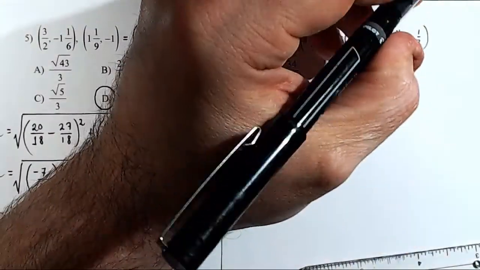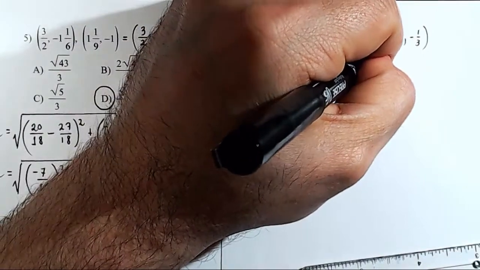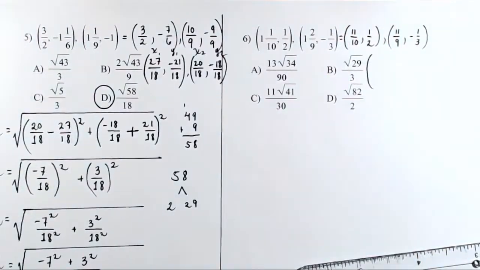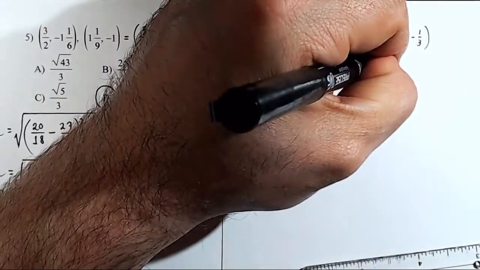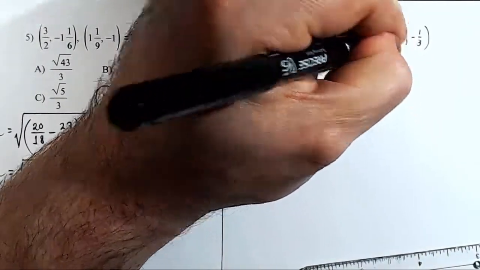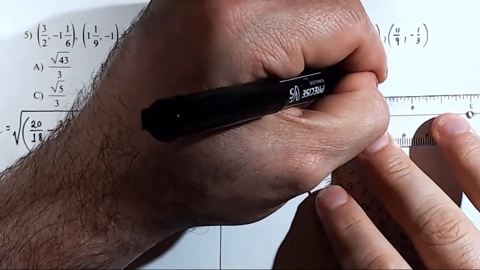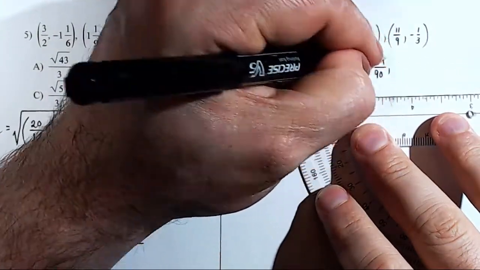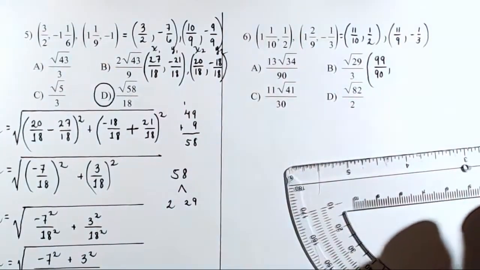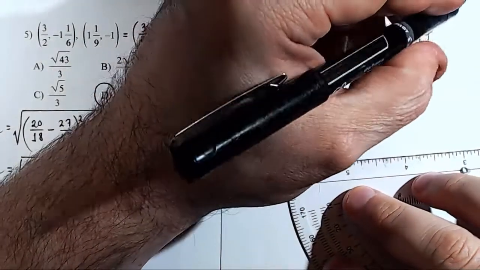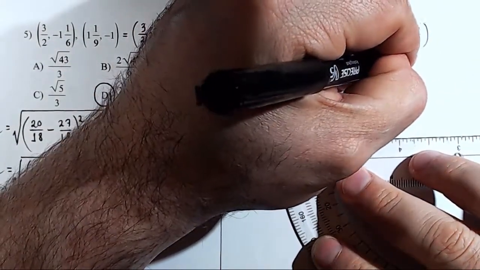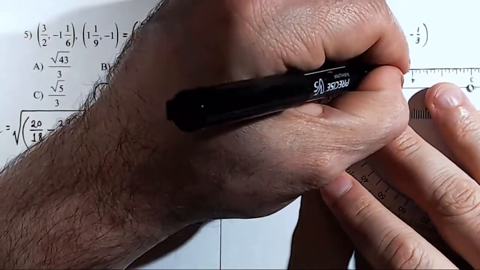Ugh. This is the ugly one. All right, so 11 tenths by 9 ninths is going to be 99 90ths. And then 1/2 times 45 45ths will be 45 90ths.